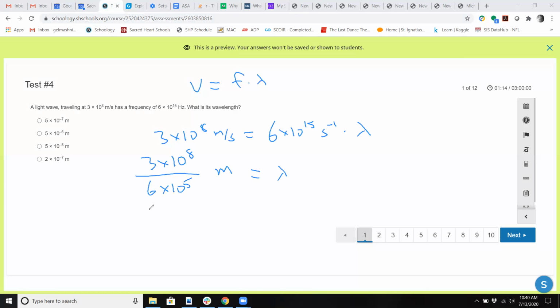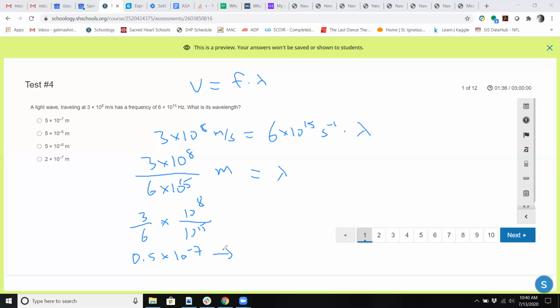3 over 6 is kind of a zone fraction. 10 to the 8th, oh, 10 to the 15th, my bad. Let's fix that. So it's 0.5 times 10 to the negative 7 power.